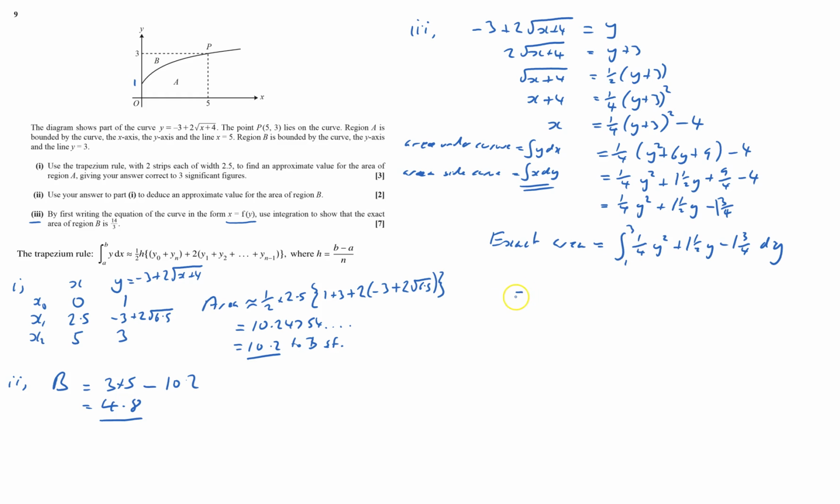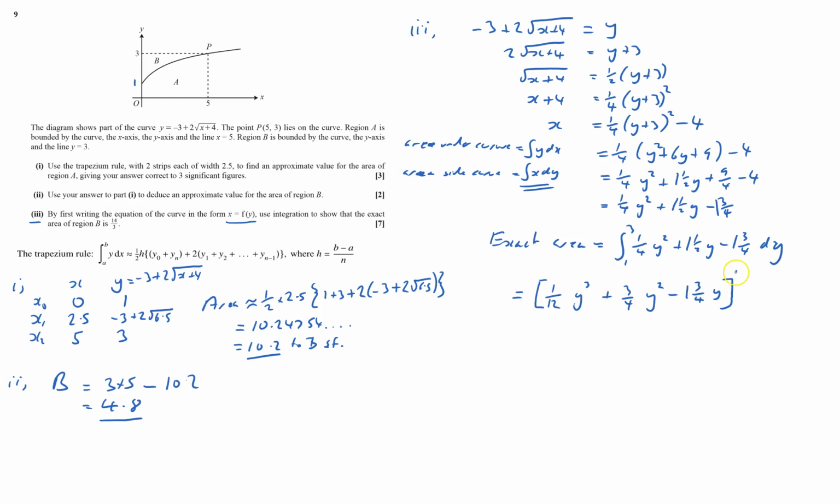And so therefore I've got to integrate that, and when I integrate it, the powers increase, so that'll be y cubed. A quarter with 3 coming down, that'll be 1/12, and then plus y integrated, so it'll be y squared. Something times 2 to get 1.5, that'll be 3/4, and then minus obviously 1 3/4 y.